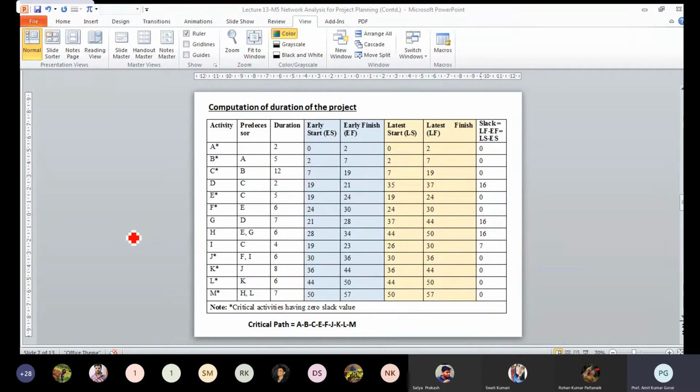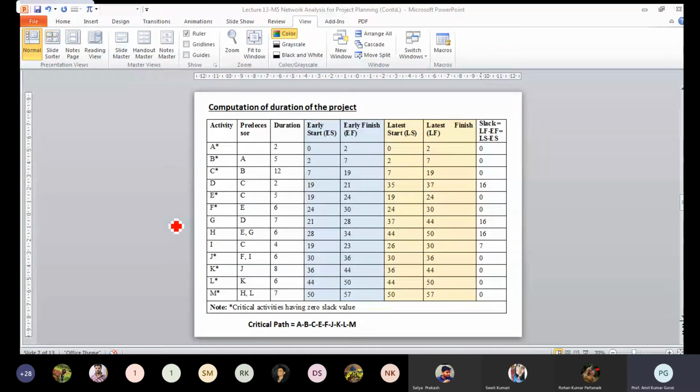Similarly, H is having two predecessors, E and G. And if you recall the formula, the maximum of the earliest finish of all the activities leading to activity H will be the earliest start of that.